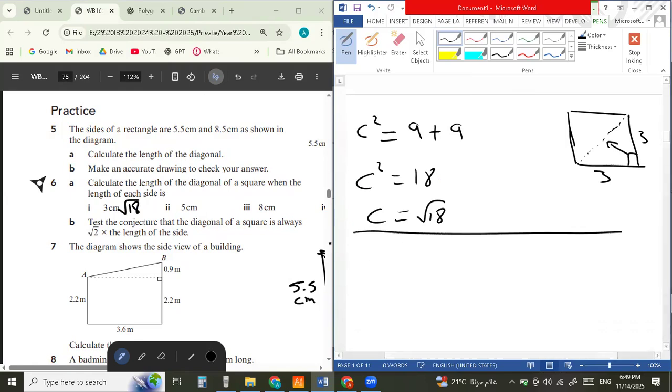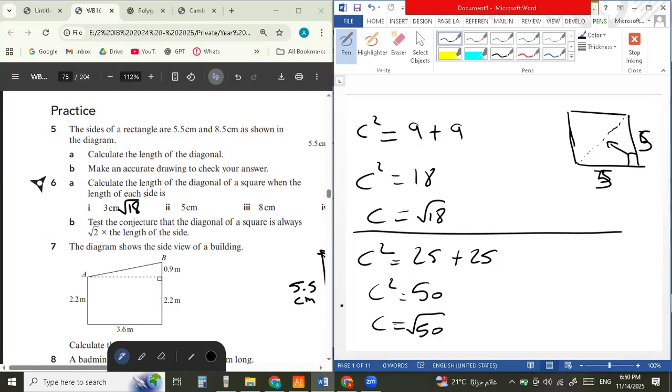Here the side is 5 and 5. So c squared equals 5 squared, 25, plus 5 squared again, 25, a squared plus b squared. So c squared equals 50, and c is the square root of 50.